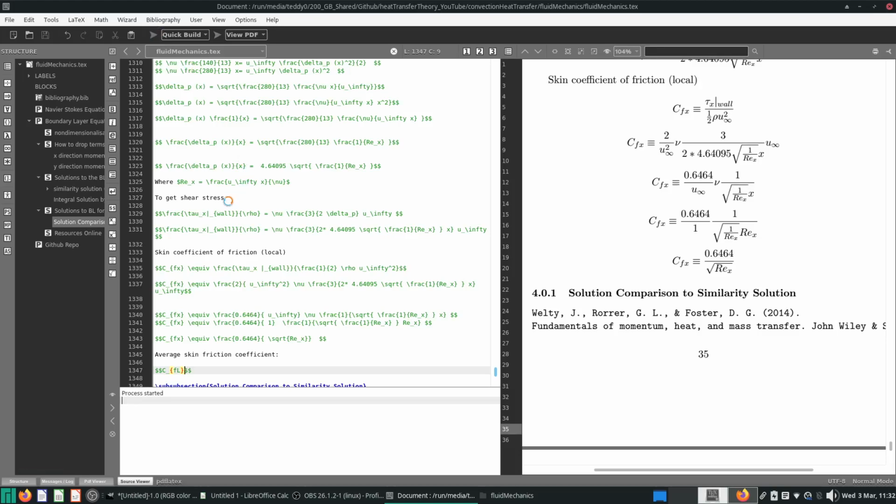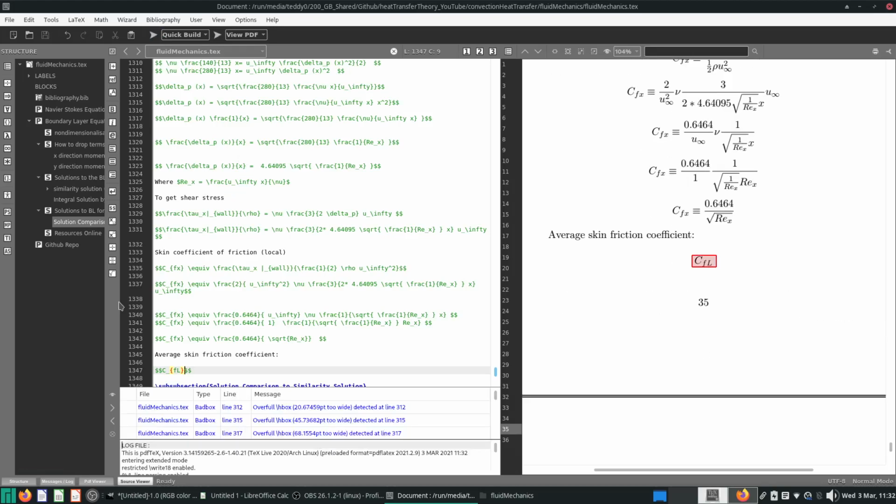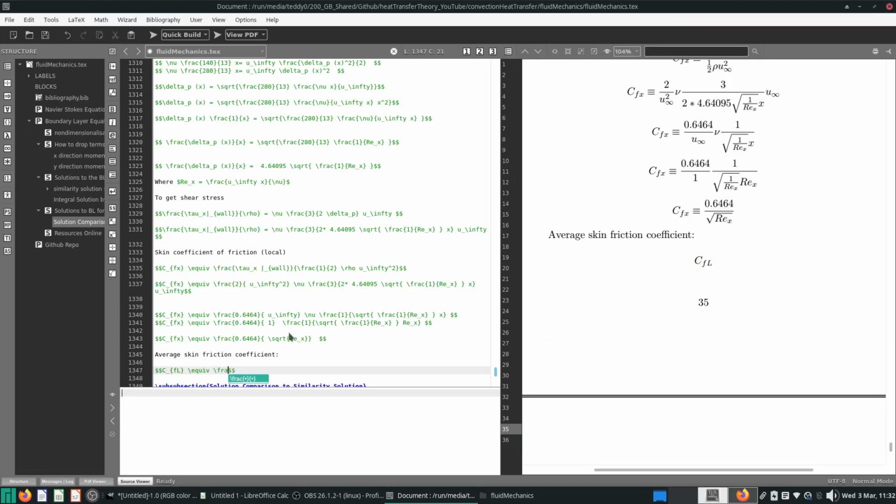And how is it being averaged? It's defined as the following: 1 over L, integrate from 0 to L dx of C_fx. Simple, I hope.